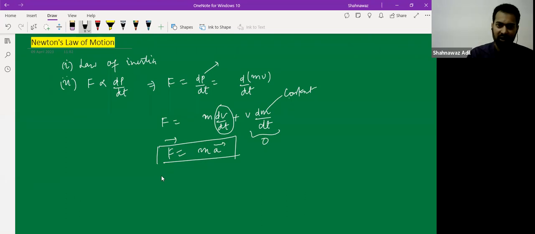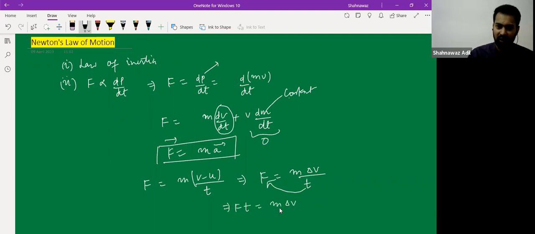This is the second law, and it is also represented like this: F equals m (v minus u) by t, so F is m delta v by t. When you take t to the other side, Ft is m delta v, only the change of momentum. So this is called the impulse.